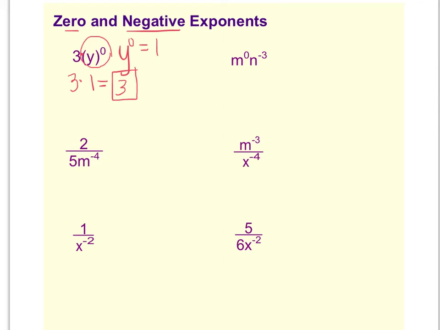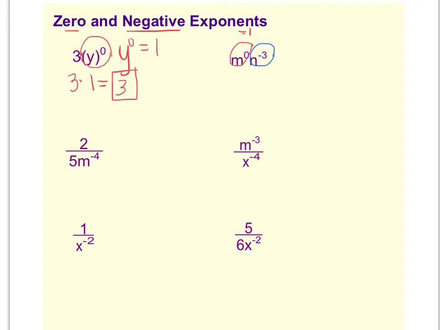Alright, this next example to the right uses both the zero exponent and negative exponent properties. So first, just to go over that zero exponent again, here's m raised to the 0 power. Anything raised to the 0 power will equal 1, so I know that that's going to become a 1. And then here we have n to the negative 3rd power.